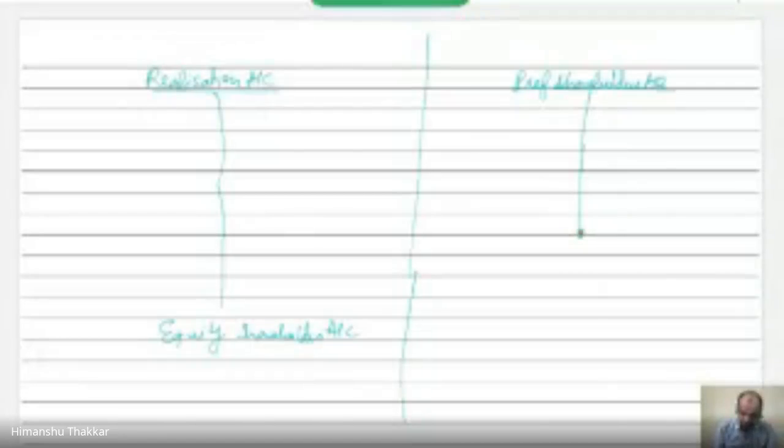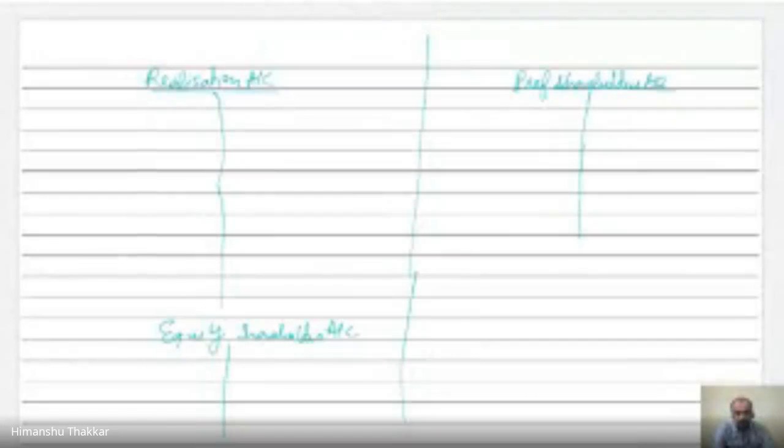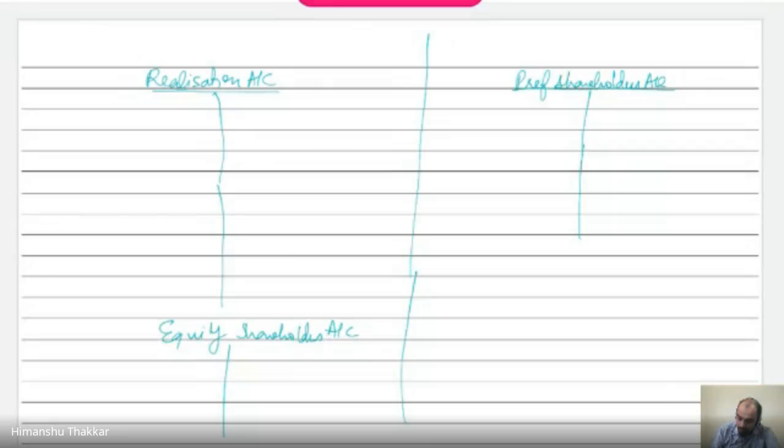Let us start. Transferring all the assets and liabilities to the realization account is the first step. Let us quickly do that. I'm writing it very quickly. You can just follow me or go at your own pace. To land and building, 10 lakh. To plant and machinery, 9 lakh. To furniture, 2 lakh 10,000.